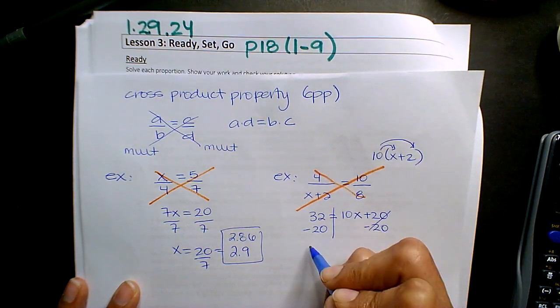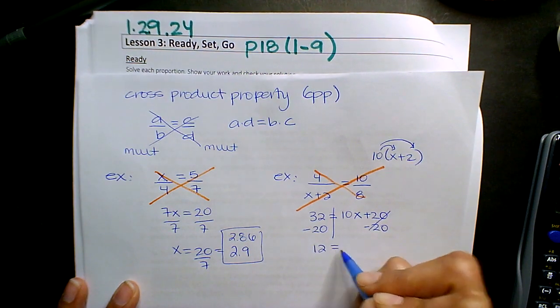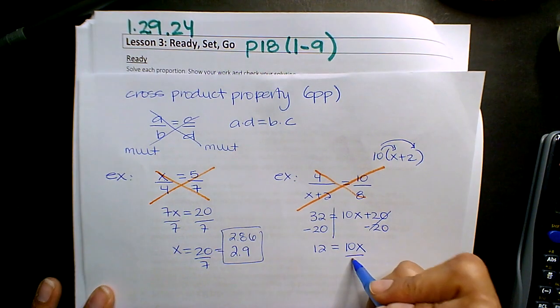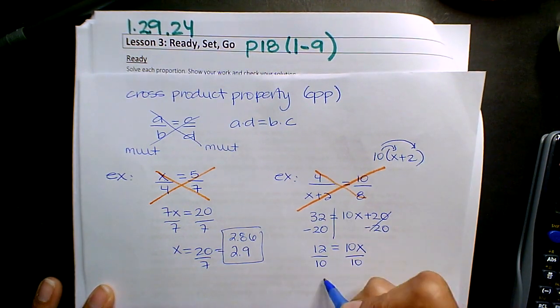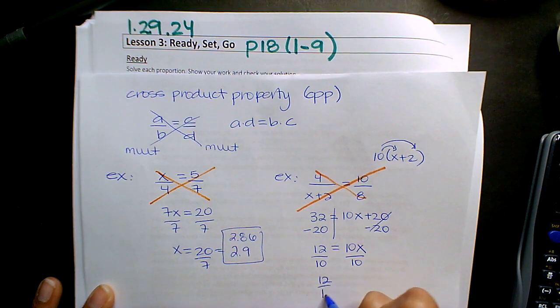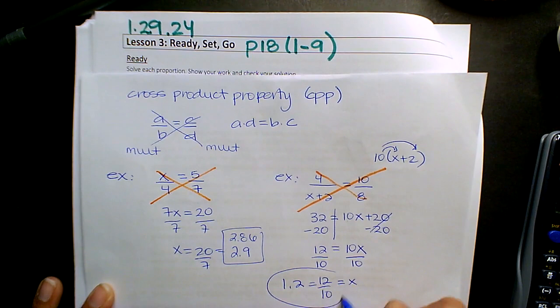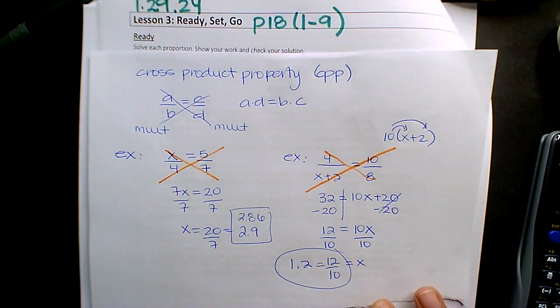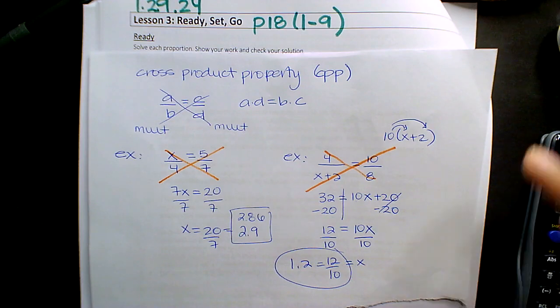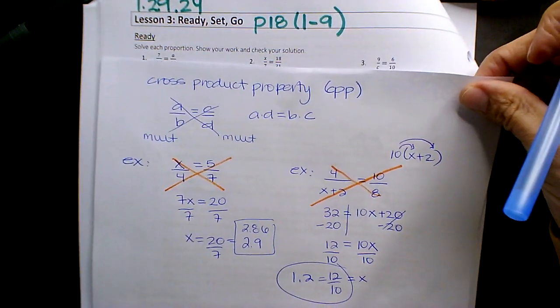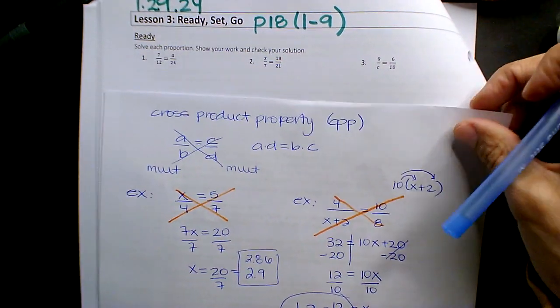And so I get 12. 10x, right? And what do I do next? Divide by 10. So it's 12 over 10, or it's 1.2 is equal to x, right? So whichever one. All right, you can give me the fraction, you can give me the decimal. Try and get the decimal, though, with the calculator. But that's what you're doing on this 1 through 9, is you're practicing the cross product property.